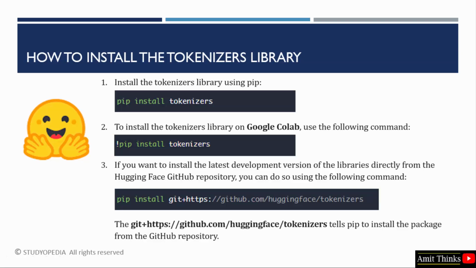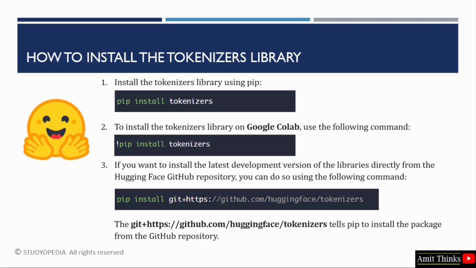Also, the third way, you can tell pip to install the package from the Hugging Face repository. You can also directly install from the GitHub repository. Type pip space install space git plus the GitHub path to install it.